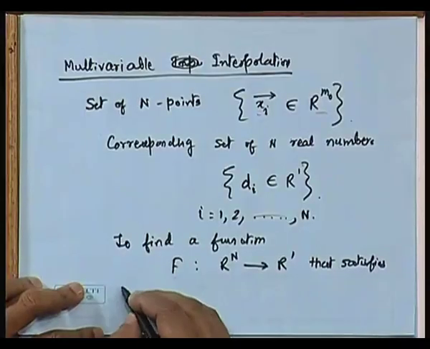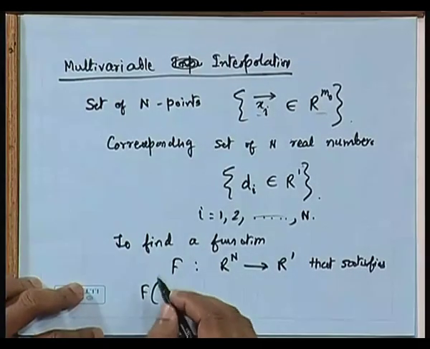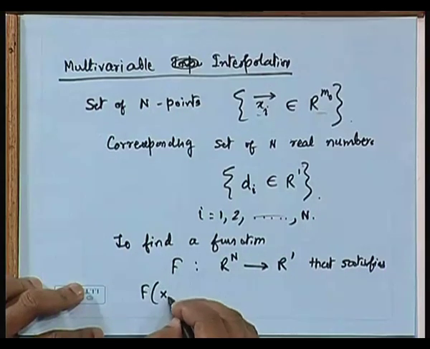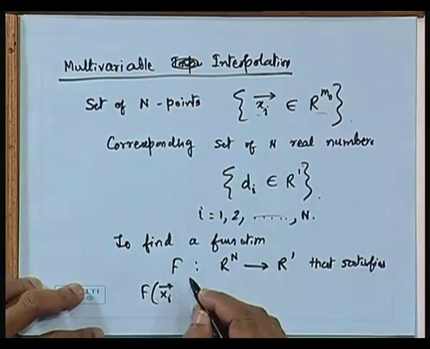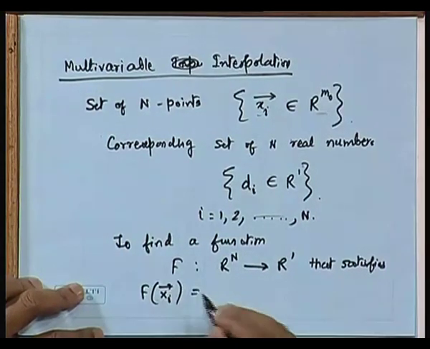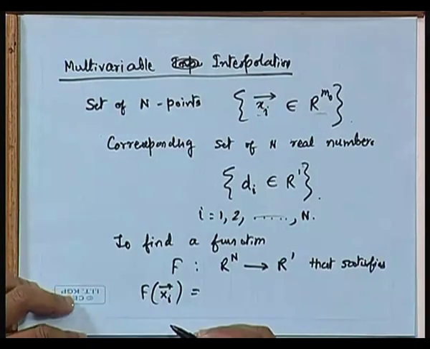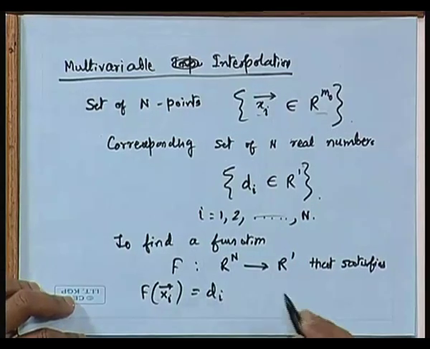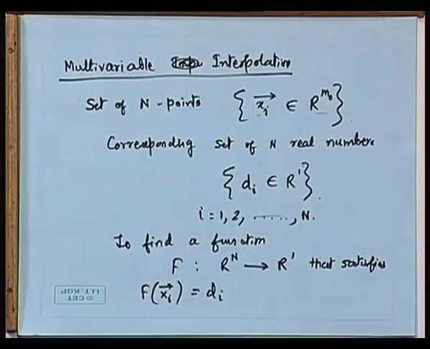So, we have to find a function fulfilling the constraint that at the point xi we must have f of xi equal to di. Because it is after all a mapping from xi to di.